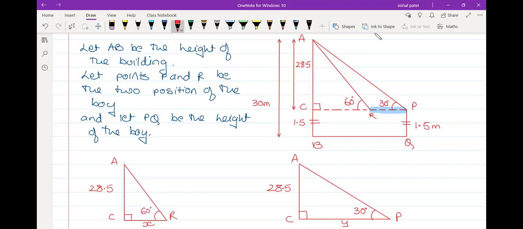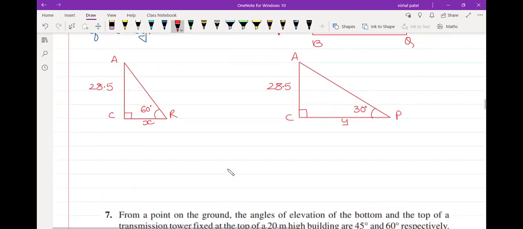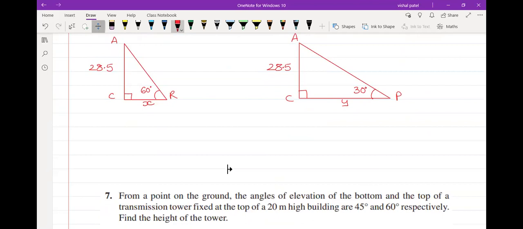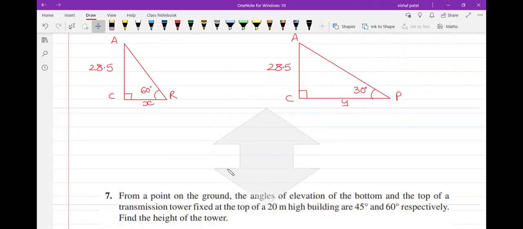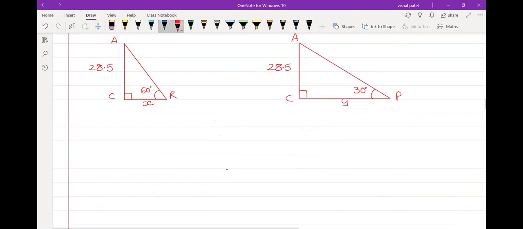I didn't mention it here. So from the main figure, I just took the two triangles in which calculations are required. Now I don't need the main figure for some calculations. Yes. Now students, this is what I was talking about, that you do two calculations simultaneously.